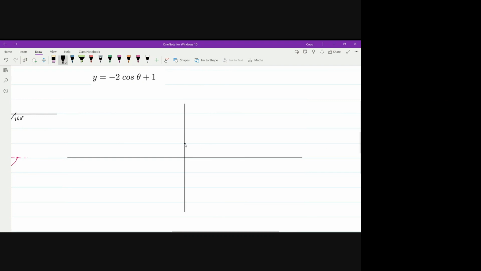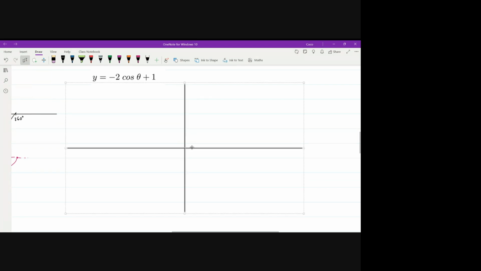My mother graph would go from 1 to 90 degrees, 180 degrees, 270. I can actually space these out a little bit more. We have room. Let me make them bigger so we can see it better, especially with my terrible drawing.